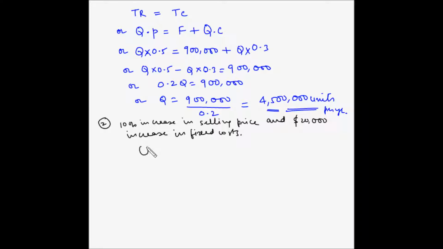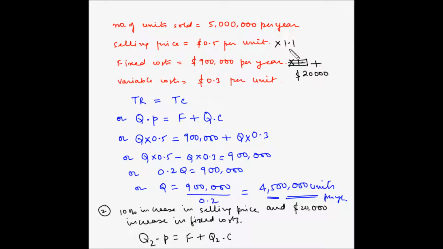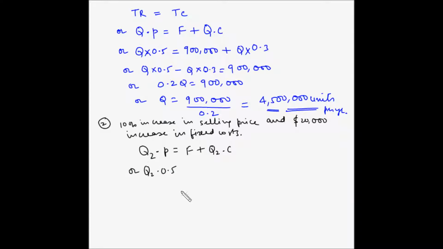So in this case, we'll name the break-even point as Q2, multiplied by P is equal to F plus Q2 multiplied by C. Q2 is the variable, so Q2 multiplied by P, which is 0.5. However, in this case, it is to be multiplied by 1.1 because there is a 10% increase.